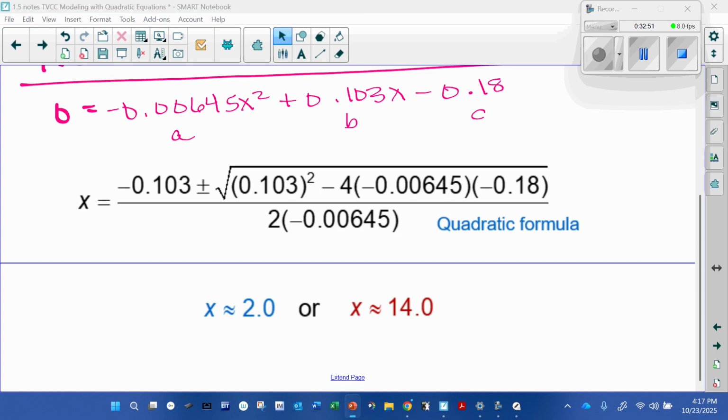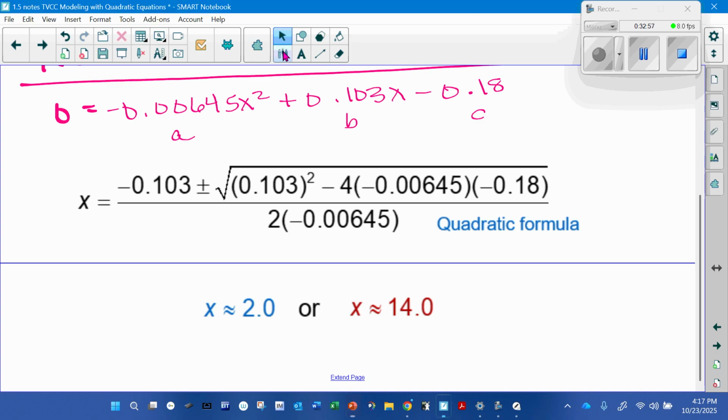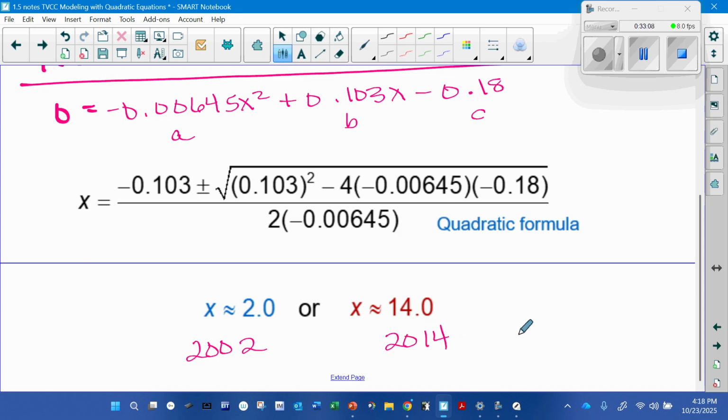So in the year 2002, because remember when x is 2, that represents 2 years after 2000. So this would be in the year 2002 and in the year 2014. According to the model, the ridership reached 1.8 million in the year 2002.